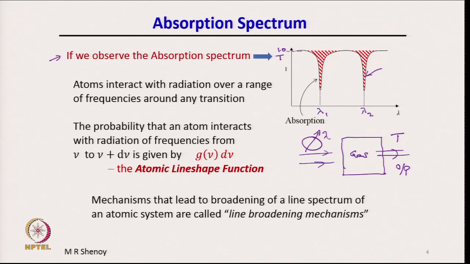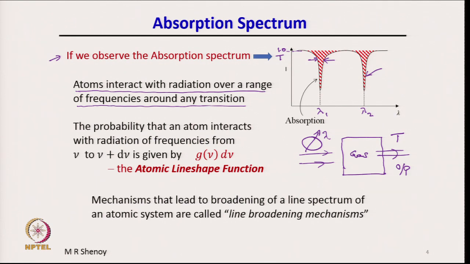But the point to be noted is that it is a range of wavelengths over which absorption takes place, which means we again have the same conclusion: atoms interact with radiation over a range of frequencies around any transition.